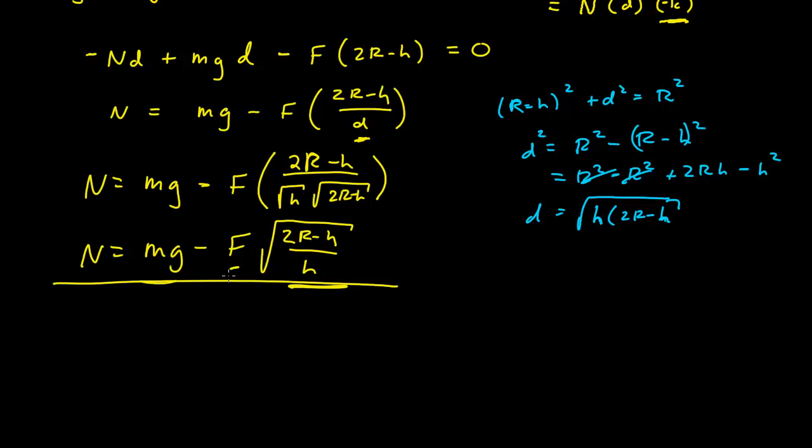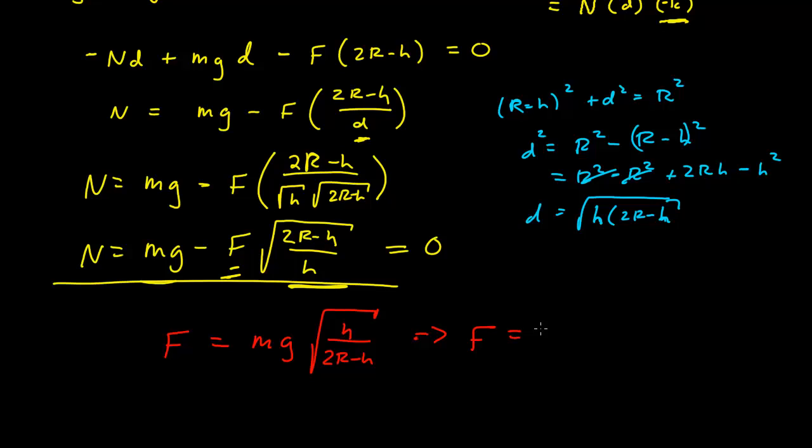Now the force at which it rolls over the edge is the force at which the normal force goes to 0. And so we can now solve for that force, which is equal to mg times the inverse of that, the square root of h over 2r minus h.